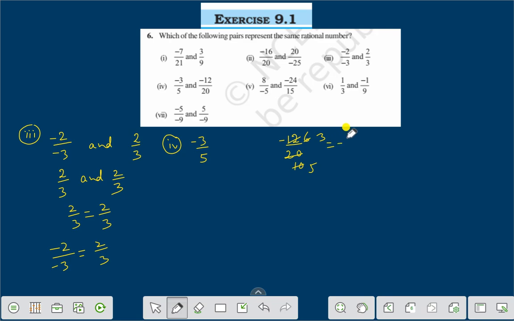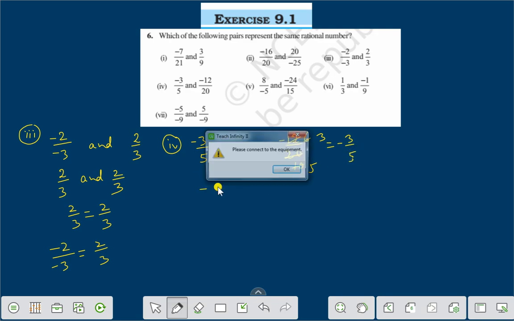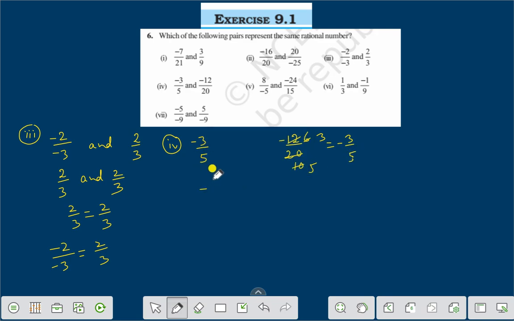In this case you are getting minus 3 by 5, right? Therefore both are same. That minus 3 by 5 is equal to this number, minus 3 by 5. Therefore you can say that minus 3 by 5 is equal to minus 12 by 20, right? This is question number 4.